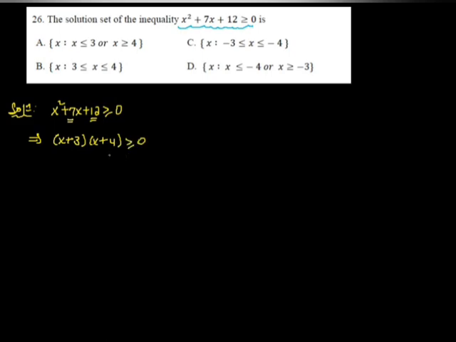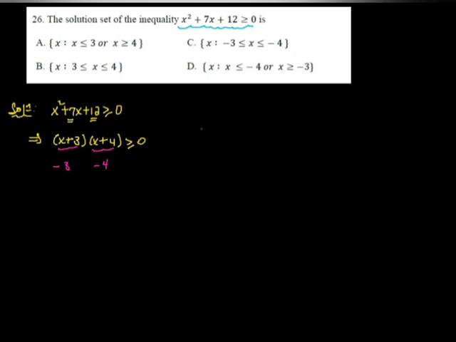Using the sign chart or product property or graphical method takes time, so what I think is shorter: x plus 3 is 0 at minus 3, x plus 4 is 0 at minus 4.